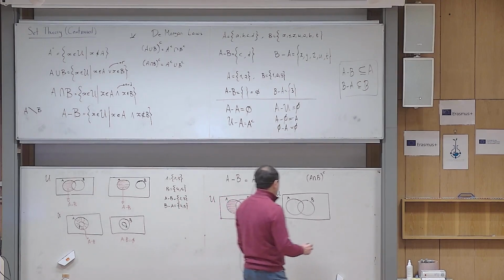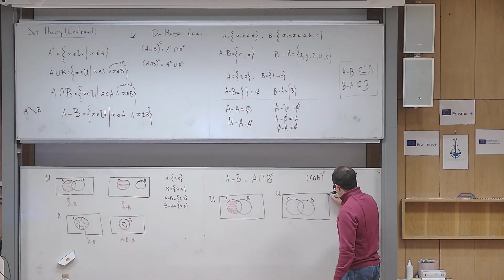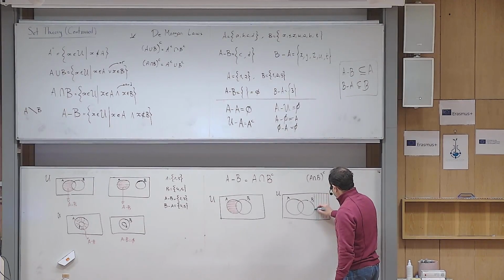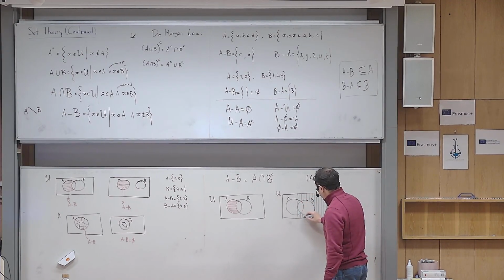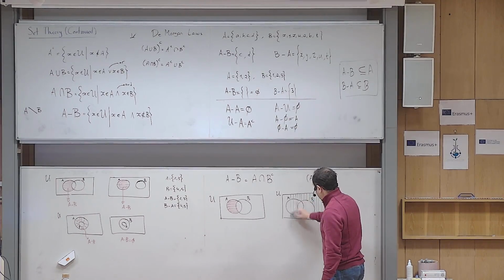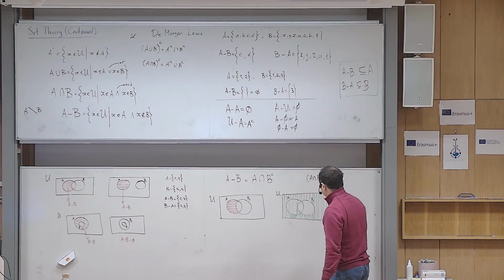B complement means outside B. So if you don't mind, let me just highlight the region with vertical lines. Oh, sorry, yes. Outside B. But it doesn't matter if I go within A. Yes, something like this, okay.